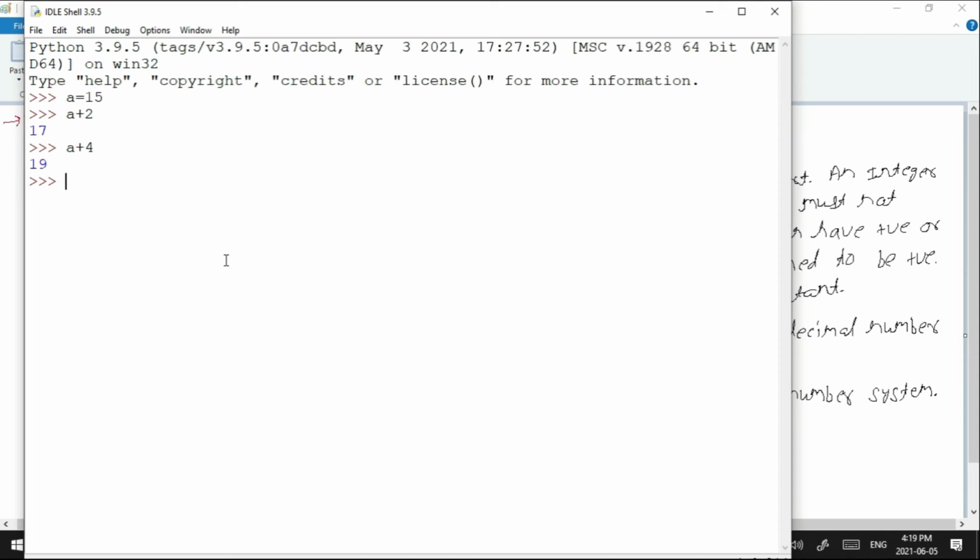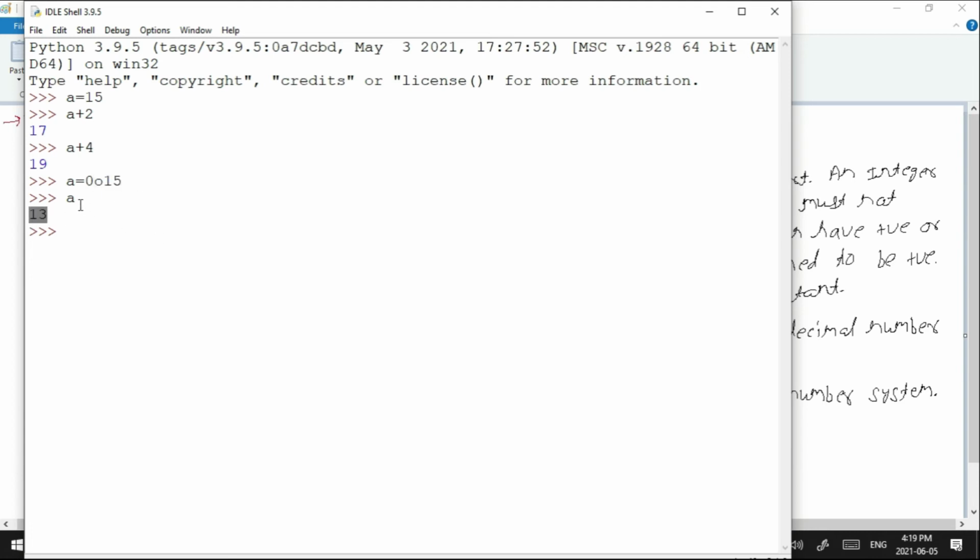So how to write a number in the octal number system? This is the question. To do that, you write a is equal to, then you type 0, then a small o, and then you type 15. Now this is 15 in octal. If you type a and press enter, it prints 13 because 15 in octal is 13 in decimal.